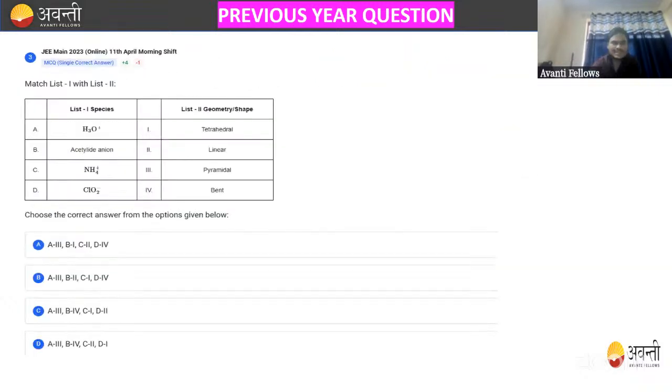Now the next question is, to choose the correct answer from the options given below. So we have certain molecules, right? In list one we have certain species, and in list two we have geometry and shape.